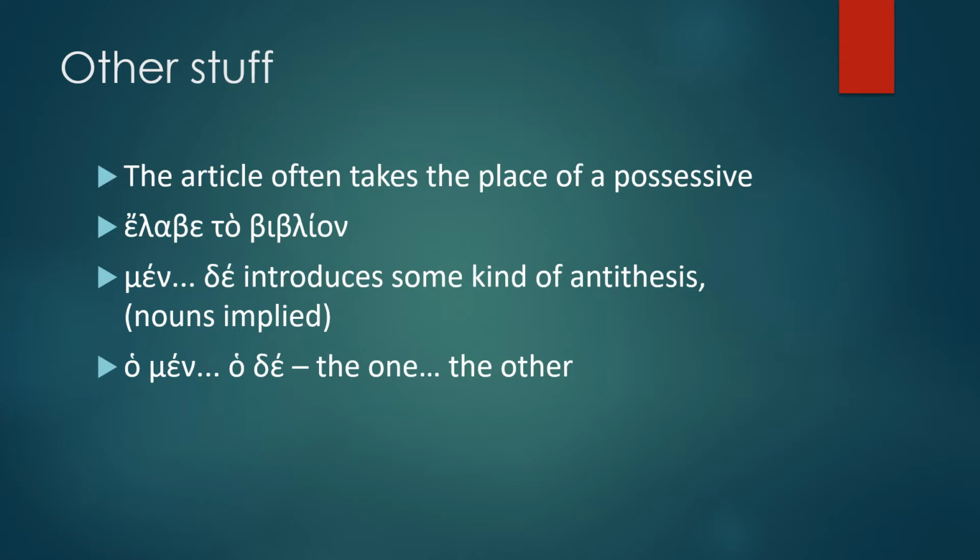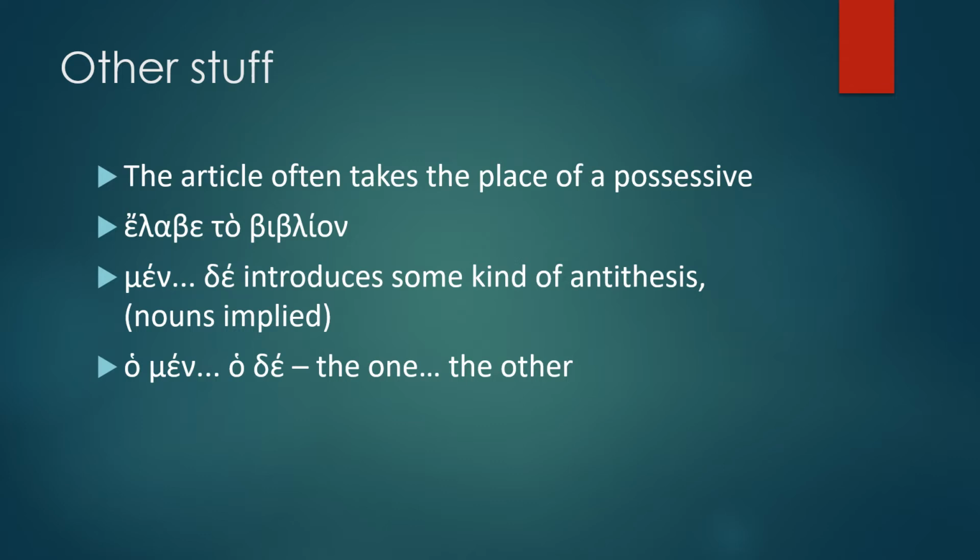It has more information than just the English word the. We know that ho has to be nominative, masculine, and singular. So the man, probably. But the one man versus the other having this antithesis. One man does this, but another man does this. So we can imply the noun.